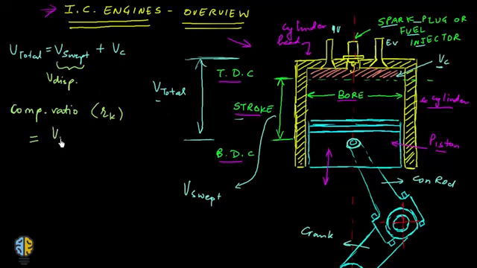These two terms are the maximum volume upon the minimum volume. Now this minimum volume is also known as the clearance volume, because this is the minimum volume that your working fluid can occupy within the cylinder. So the ratio between the maximum volume and the minimum volume is called the compression ratio.